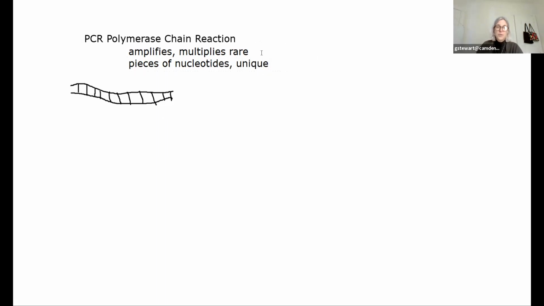And so in order to do this, you have to already have some things in your toolbox, I usually say to my students. You already have to have a toolkit that includes a set of primers. And these primers, we're going to start with DNA primers, and the primers are going to be complementary DNA sequence.